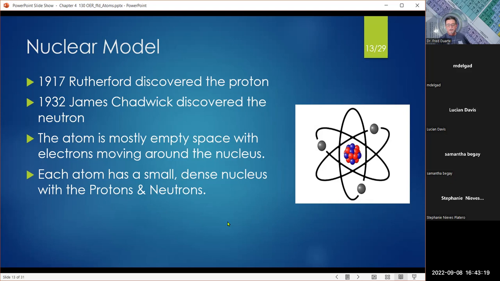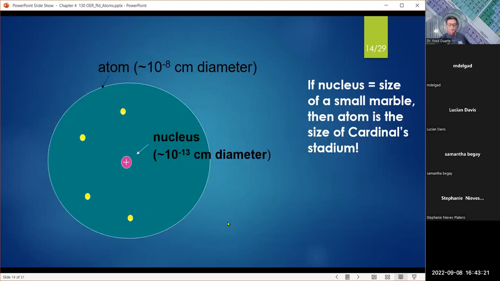Yeah, that's a lot of empty space in between. Another analogy would be if the nucleus was the size of a small marble, then the size of the atom itself would be about the size of a Cardinal Stadium.